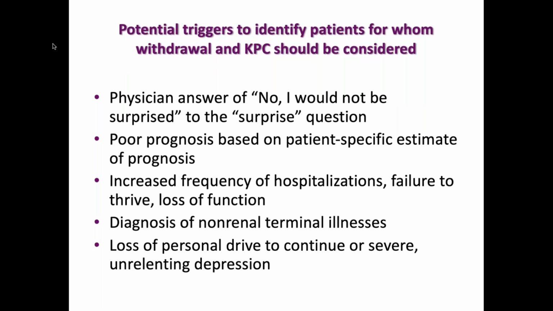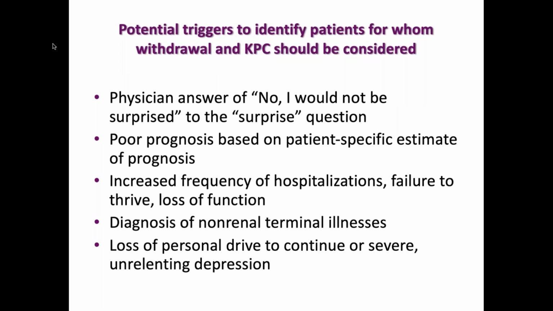So there may be some patient-specific estimate of prognosis which may indicate poor prognosis for a given individual. If a patient has been on dialysis, like the case that I described to you in the beginning, starts requiring hospitalization more frequently, doesn't thrive so well as he or she used to before and suffers from a loss of functional ability, then perhaps it is time for us to consider palliative care.